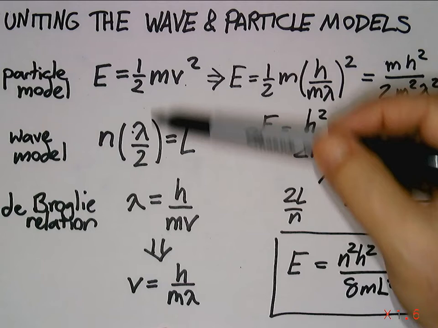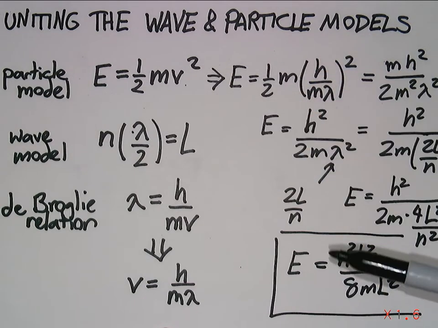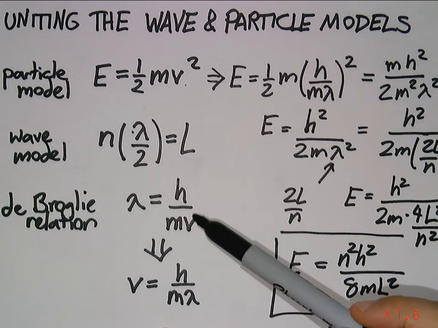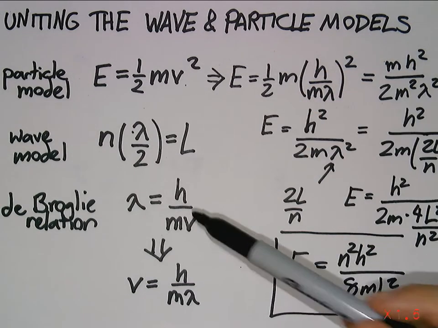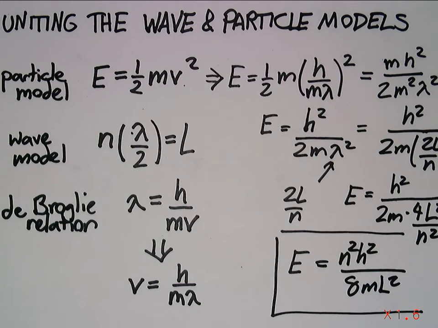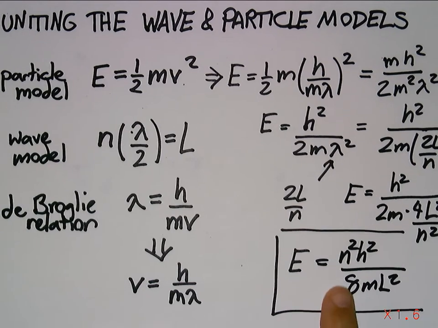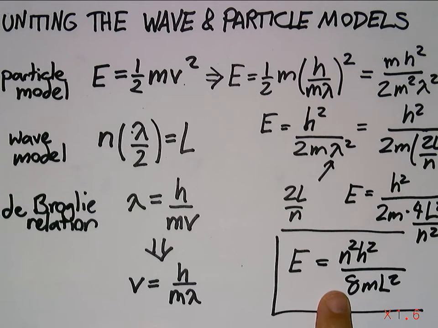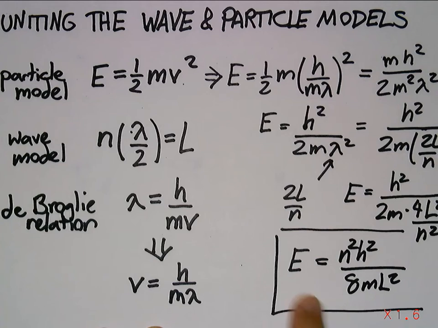And then you took these two models, each of which had its own problems, and united them with the de Broglie equation, which is all about uniting wave and particle behaviors, and that's exactly how we've used it here. Now this is a master equation for the electron on a wire.